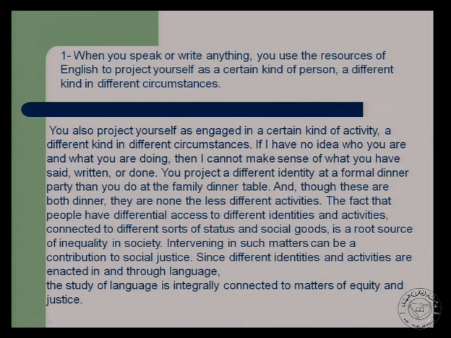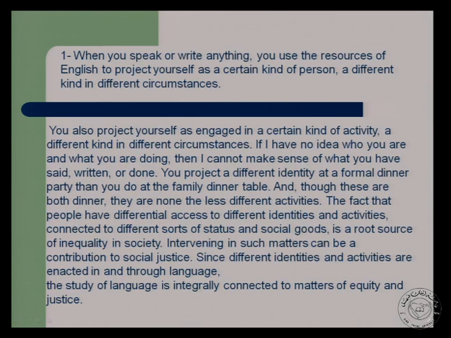You also project yourself as engaged in a certain kind of activity. You yourself differ from being the same person if you are in a meeting or if you are in your house. In other words, the situation determines to a great extent the language you use, the identity you have.